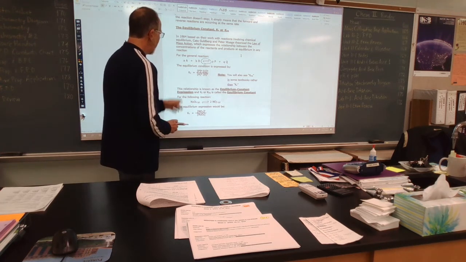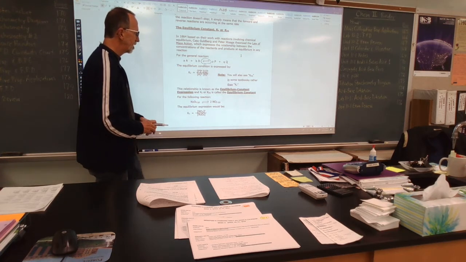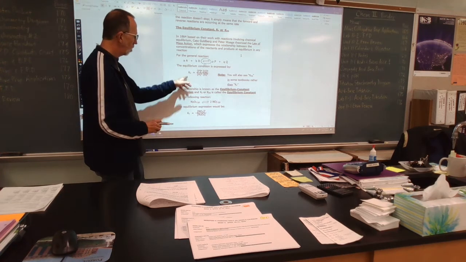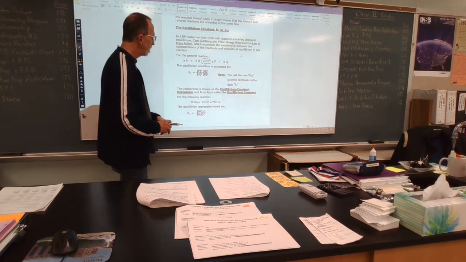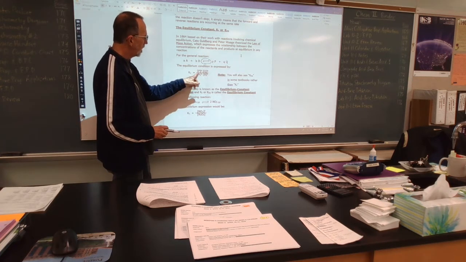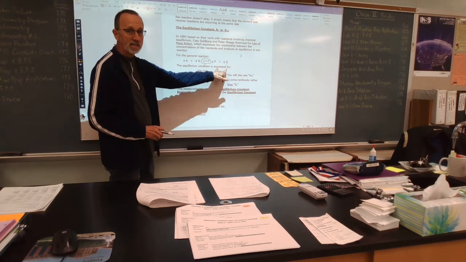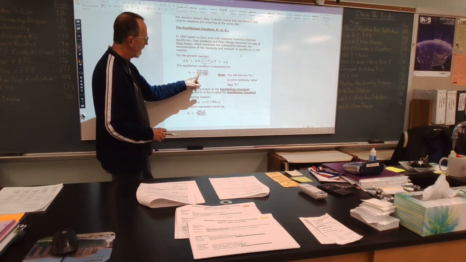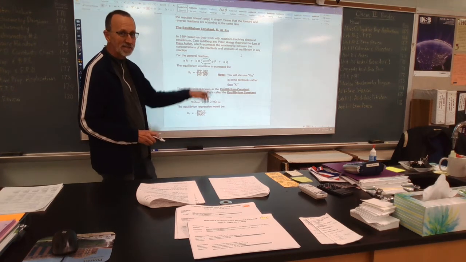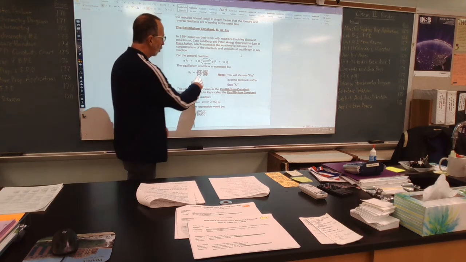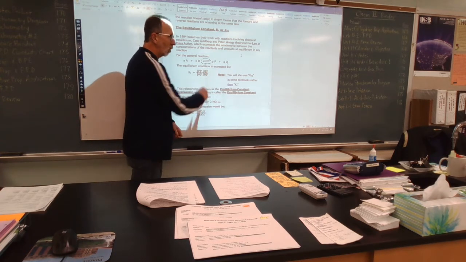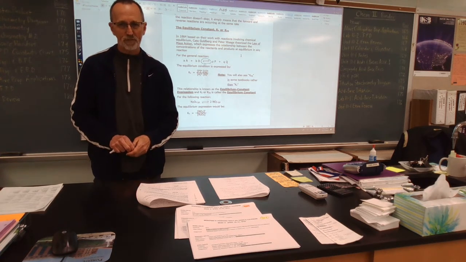The equilibrium condition is expressed by this: Kc or Keq is equal to the concentration of our products. Here we have two products, the concentration of P times the concentration of Q, each raised to the power of its mole coefficient.